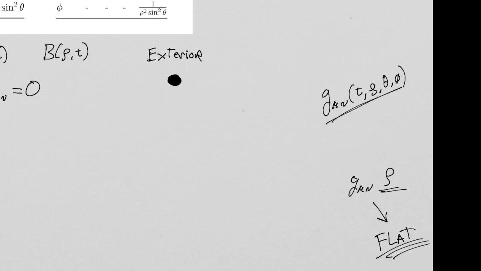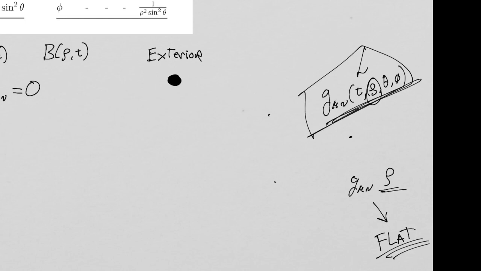This tensor that's at every point in space given by these coordinates, there should be a value of rho so big that it ends up being Minkowski flat spacetime, right? Just like the Minkowski spherically symmetric version, or the spherical coordinate version of the Minkowski metric that we talked about in the last class. So that's actually a boundary condition, because that's a condition on this thing at large values of rho.